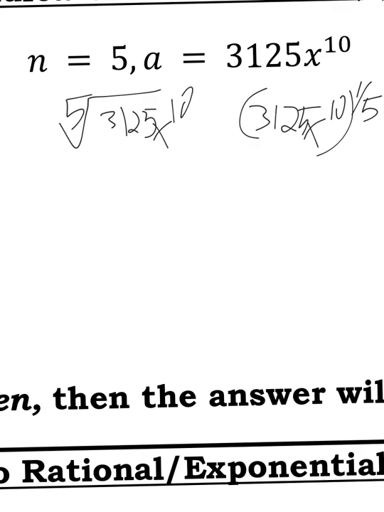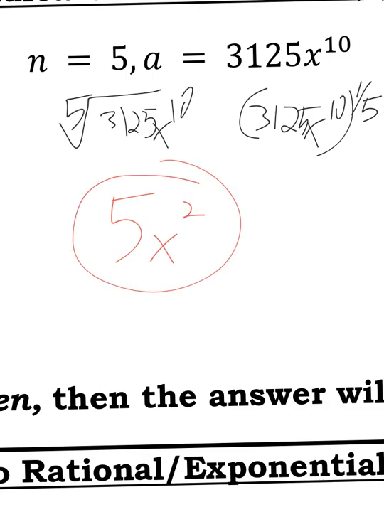Anytime you see a fraction as an exponent in general, if the number is smaller in the numerator than in the denominator, then your number should be smaller at the end. Okay, so what we're going to do is take the fifth root of 3125, which is just 5, and then you just divide. What's 10 divided by 5? Your power, and that's 2. So I'm going to have 5x squared left over.